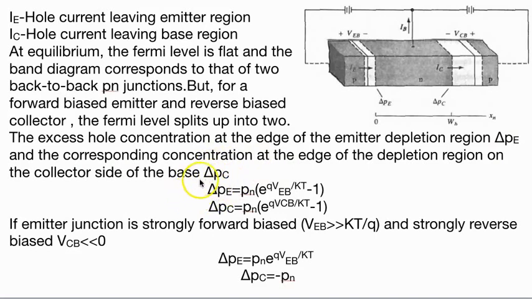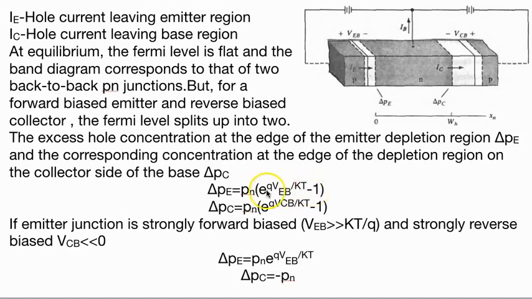We can calculate del PE and del PC by this formula, where Pn is the total charge carriers in both emitter region, exponential to the power qVEB by kT, minus 1.